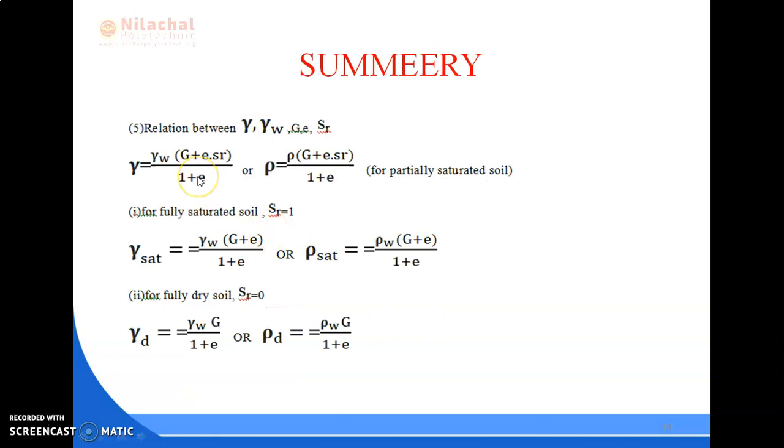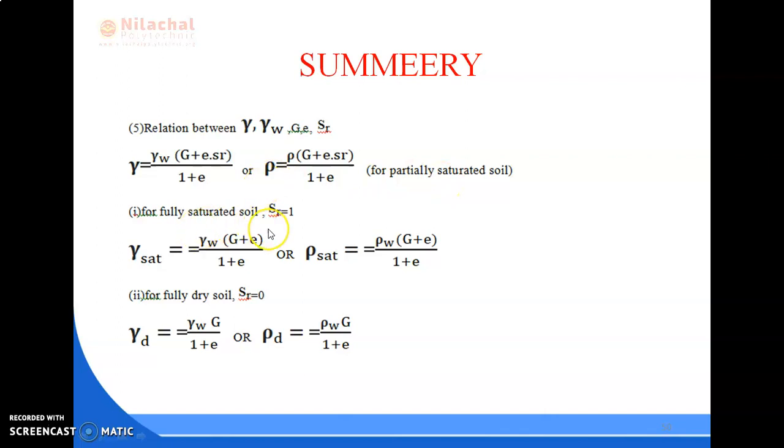Number 5, relation between gamma, gamma w, G, e and Sr. So the relation is gamma equal to gamma w (G plus e into Sr) by 1 plus e, or rho equal to rho w (G plus e into Sr) by 1 plus e. This is for partially saturated soil.